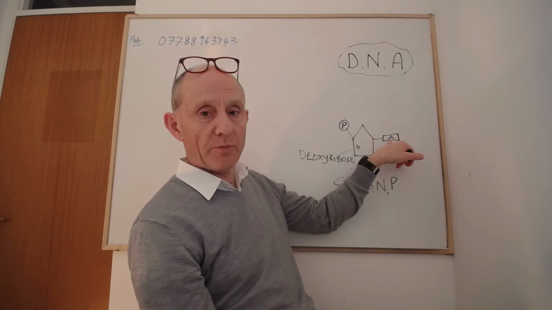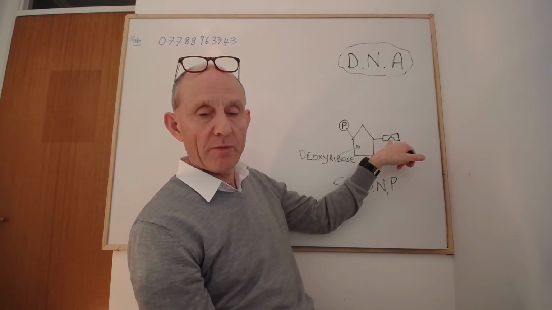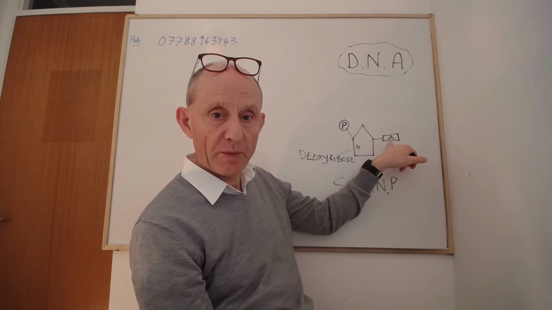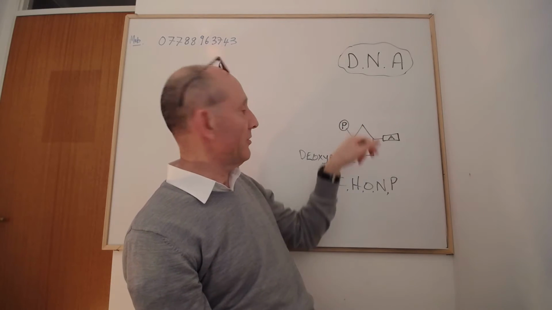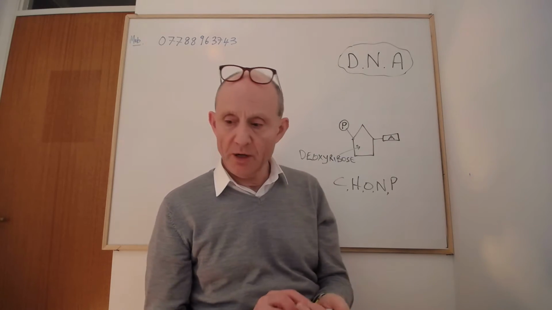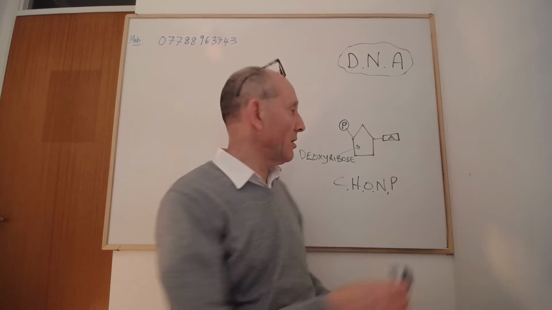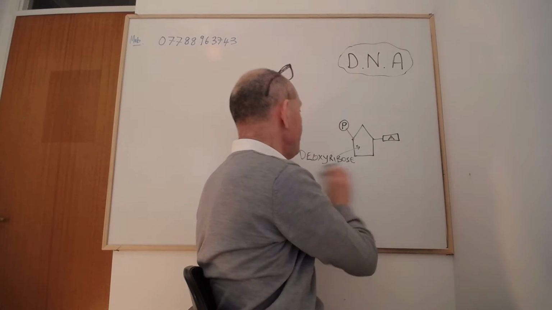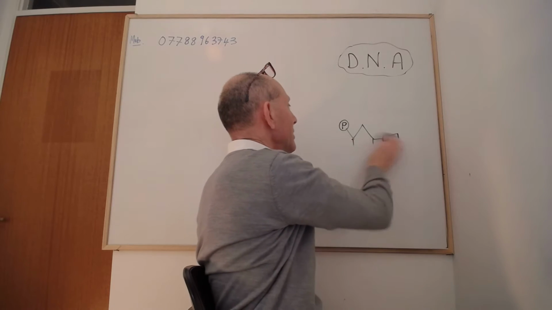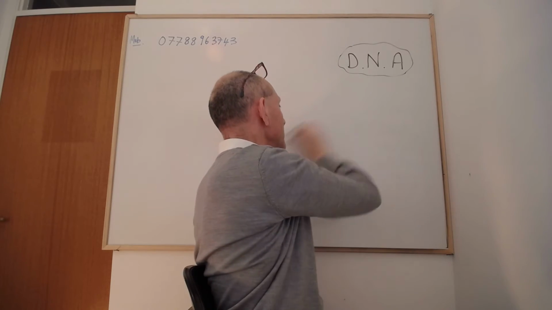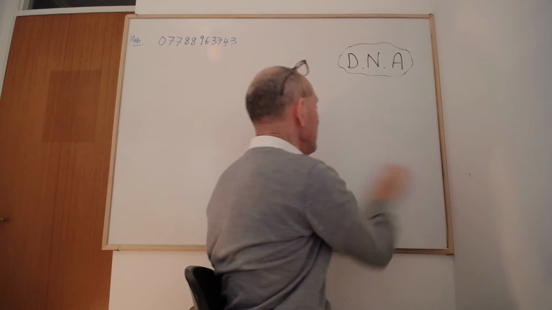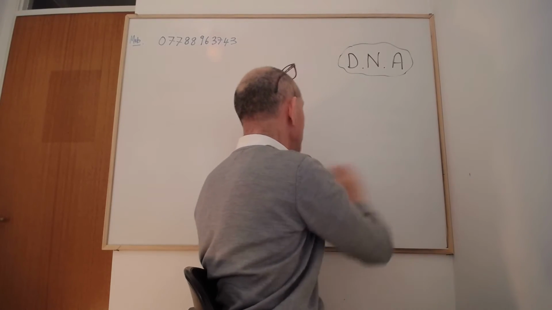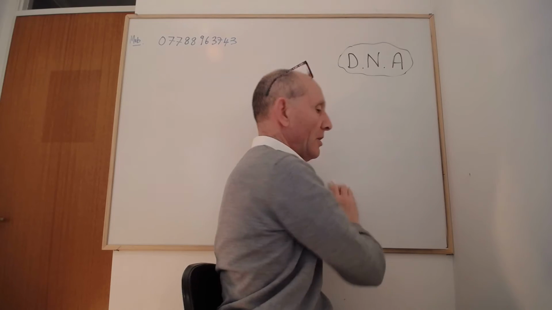The nitrogen is present in the base. The bases are often referred to as nitrogenous bases. There's a lot of nitrogens here, and the phosphorus is in the phosphate group. So the elements present in DNA are CHO, carbon, hydrogen, oxygen, nitrogen, and phosphorus. All those elements are present in a nucleotide.